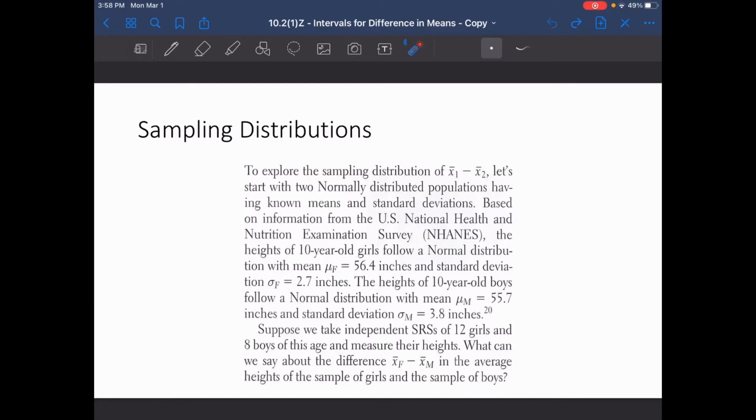The heights of 10-year-old boys follow a normal distribution with a mean of 55.7 inches and a standard deviation of 3.8 inches. Suppose we take an independent simple random sample of 12 girls and 8 boys of this age and measure their heights. What can we say about the difference between the two means in the average heights of the sample of girls and the sample of boys?